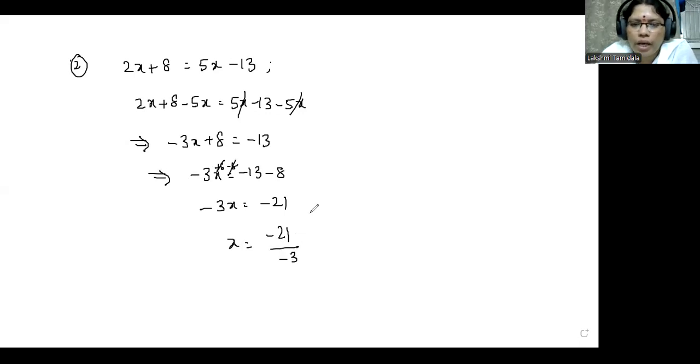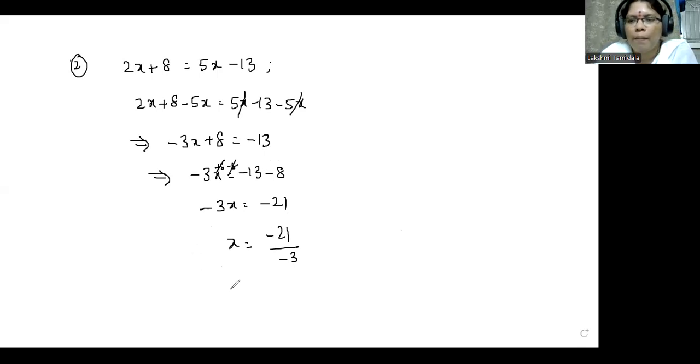What we do is we write steps directly. By practicing, we need not write each and every step, because this is not a descriptive test. We have to write the answer directly. By practicing, you can also write steps directly and get the answer.